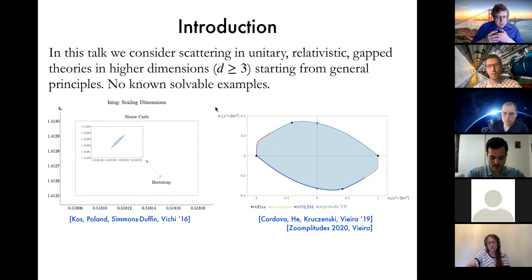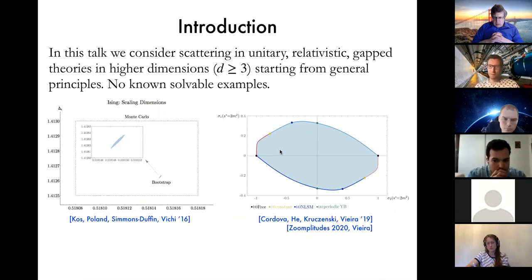On the right, you see a plot from a recent paper by Pedro Vieira and collaborators, which he explained in his talk last week at the Amplitudes conference. Again, you run some sort of numerical bootstrap game, and you find some islands, and at the boundary of this island, you have some special points which are exact theories, which, even if you didn't know about them, you would have found and solved.